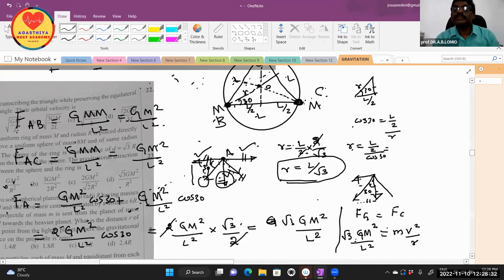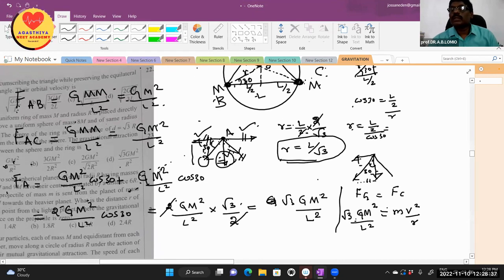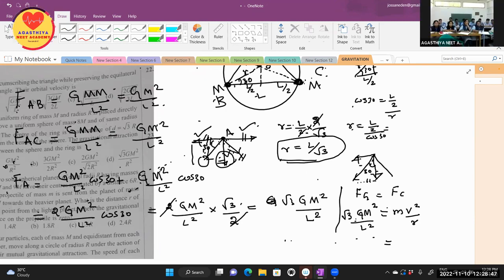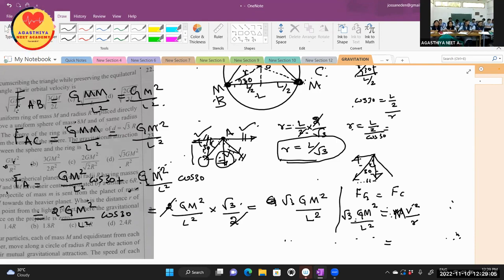Listen carefully, students. I am going to substitute L by root 3 instead of R. All the masses are capital M. Now this squared will cancel.